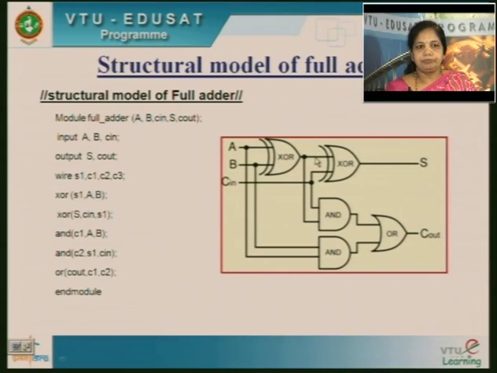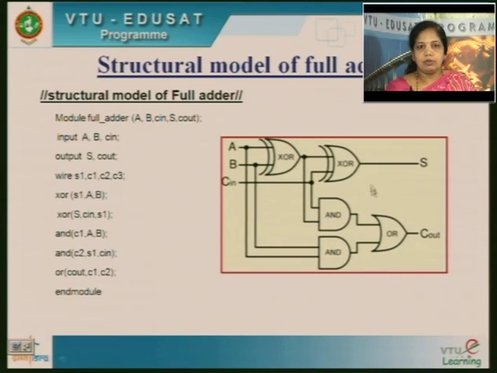This is S1, and the second is the AND gate. Now here it is C1, C2, C3 is not there. So we have only C1 and C2. AND gate: output of the AND gate I will take the variable C1, and the inputs of the AND gate, you can just see here, are A and B. The second one is C2, with inputs S1 and C in.